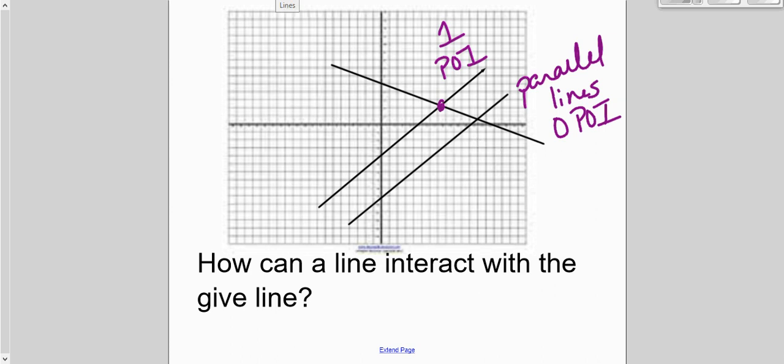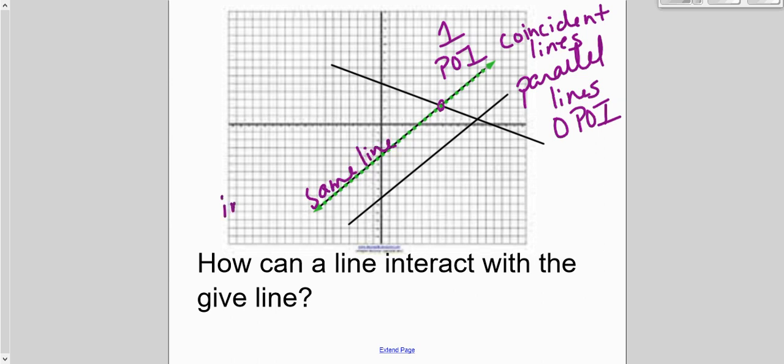And then the third way that we can have a line interact with another line is if it actually just falls right on top of the other line. In that case, we say that they are coincident lines, which means that they are the exact same line.